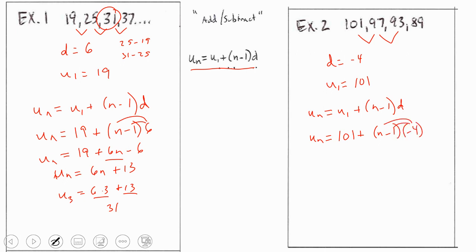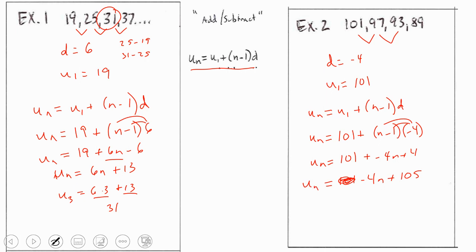Again, distribute. So 101 plus -4n plus 4. So any term would be -4n plus 105.